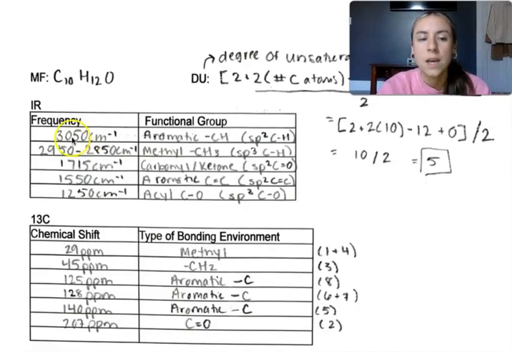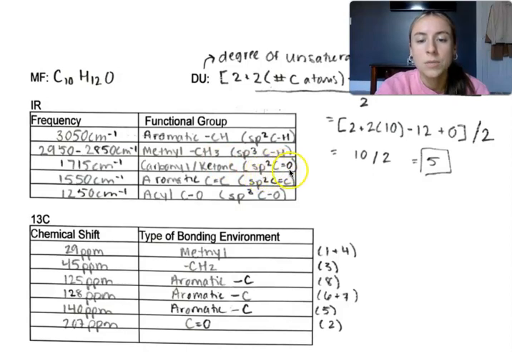So analyzing the IR frequency, I have the frequencies listed here. And then the functional groups: the sp2 CH bond at 3,050 cm^-1 is going to be an aromatic CH group. The sp3 CH at that frequency range I found to be a methyl CH3.